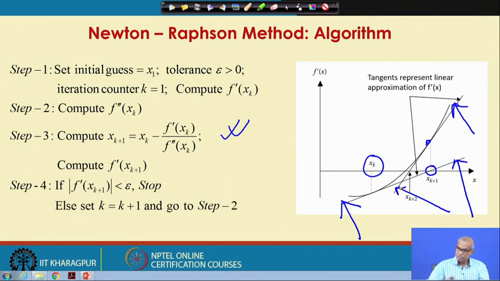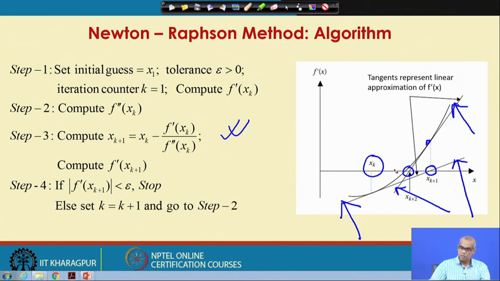So, that touches the x axis at x k plus 2. So, x k plus 2 is the next improved estimate for the stationary point of the function f x or the root of f prime x equal to 0.